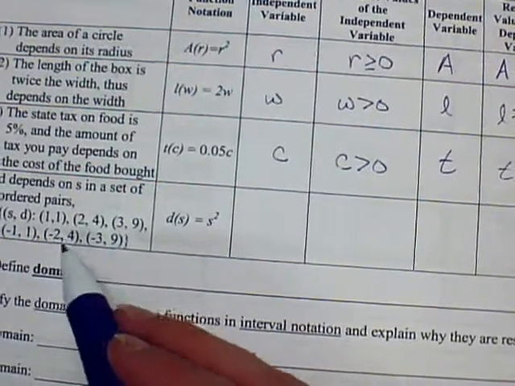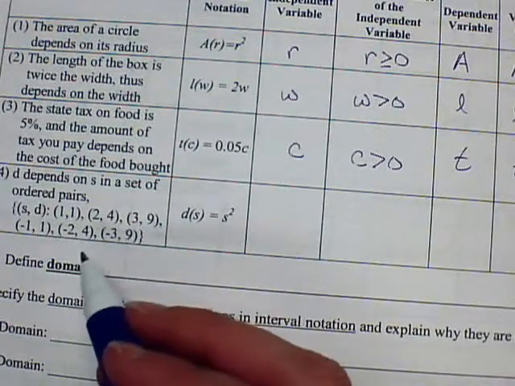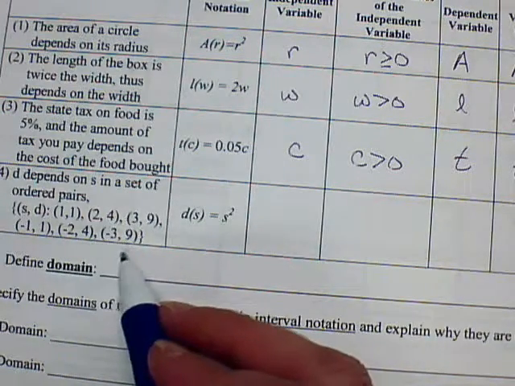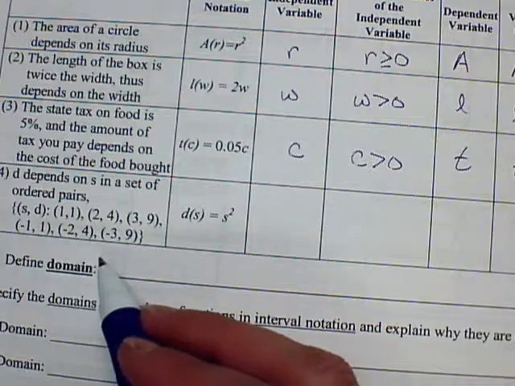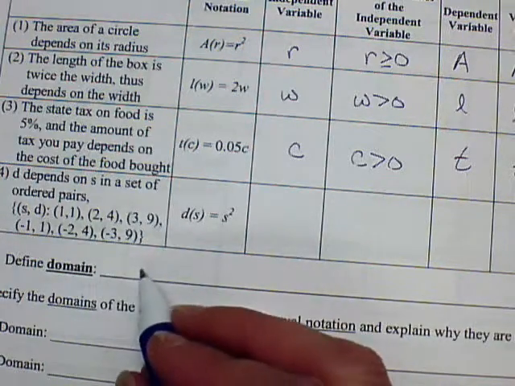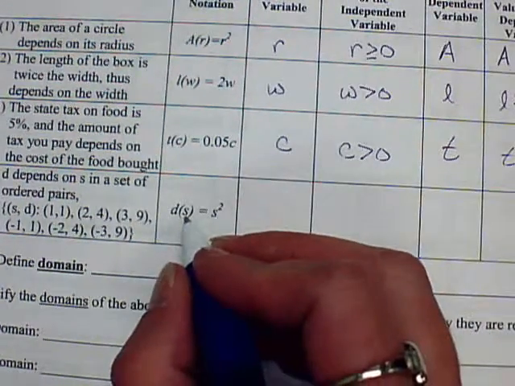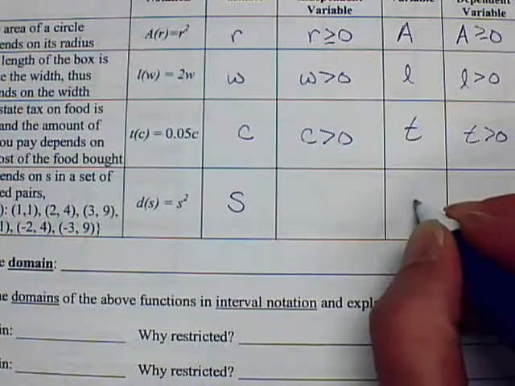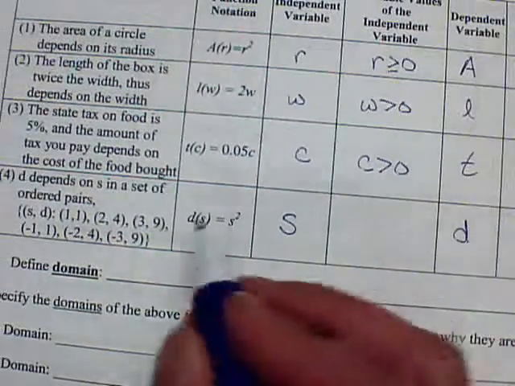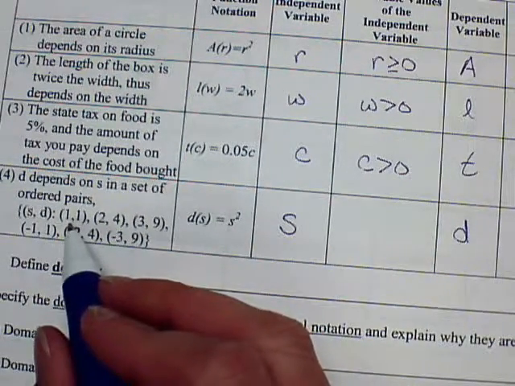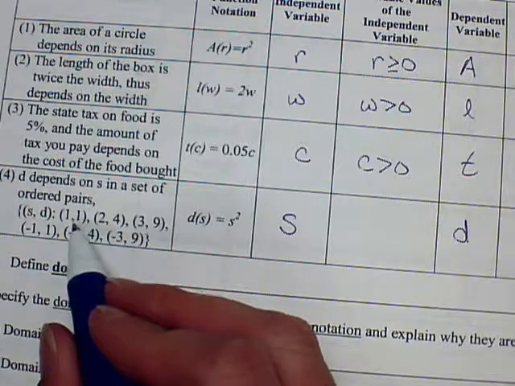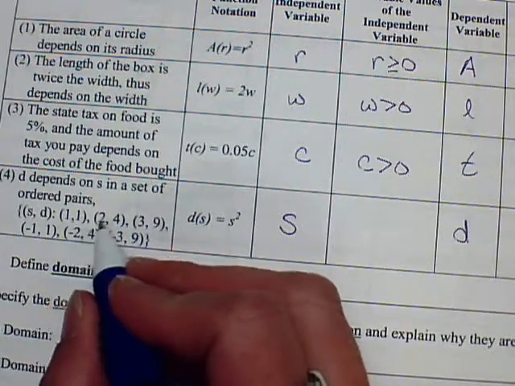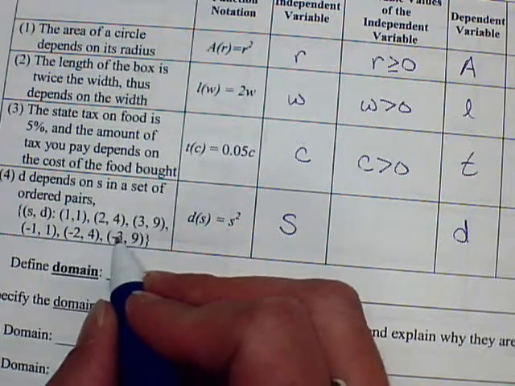Now, in this set, this isn't really a real-world set. We just have a set of ordered pairs. In this case, since it is very distinct, discrete data, just points, then we're only looking at those points. Now, our independent variable is again the S, it's displayed there, and the dependent is the D. The S values that make up the domain of this, which is your independent variables, are 1, 2, 3, -1, -2, -3.